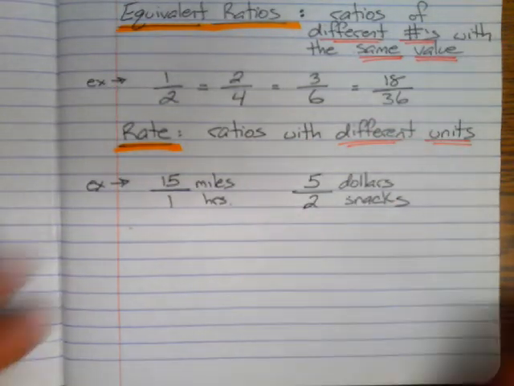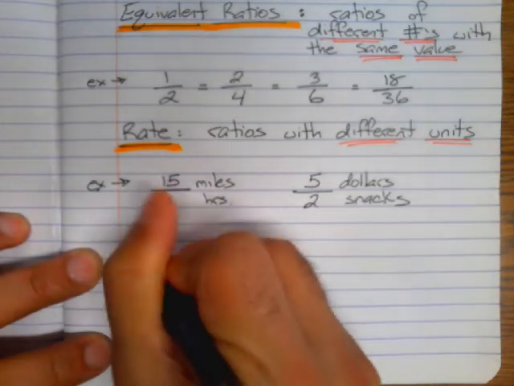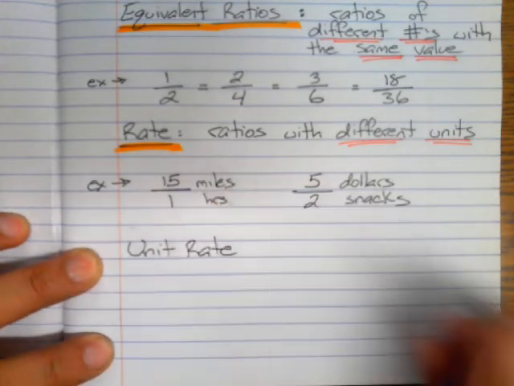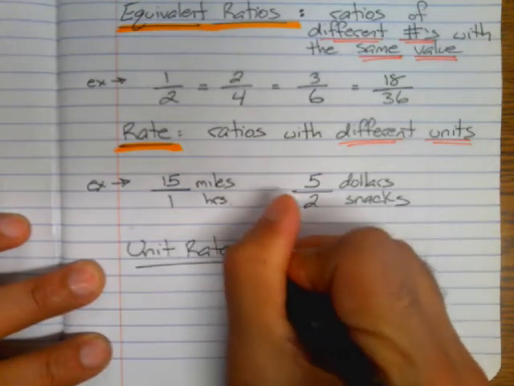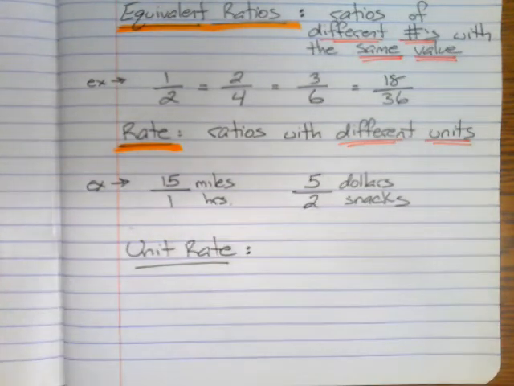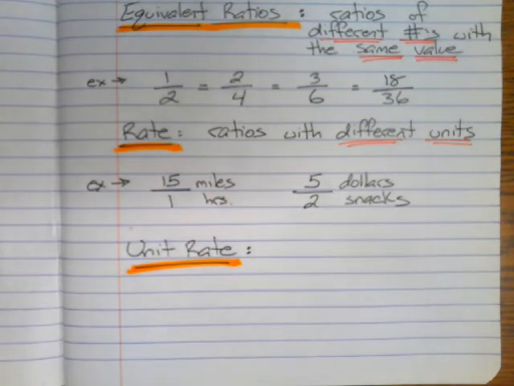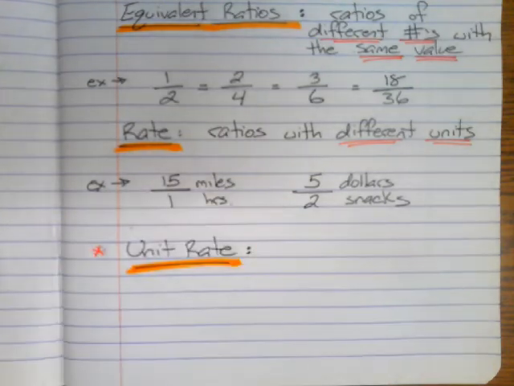All right, last but not least, to end these notes, we're going to talk about something called a unit rate. This we are going to use a lot in this module. So if you're going to know anything, know what a unit rate is. I'll put even a little star over here just to remind you how important this one is.